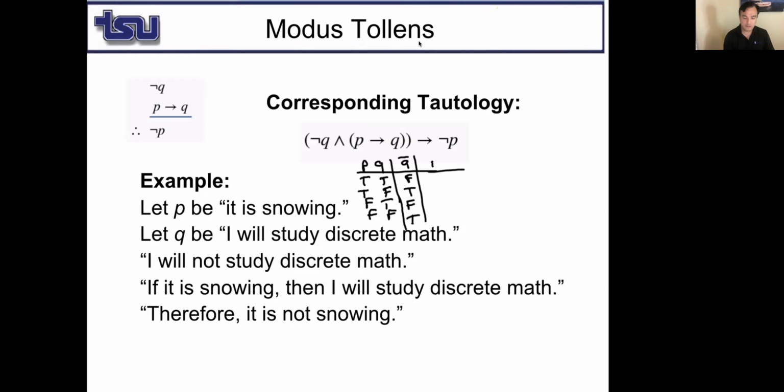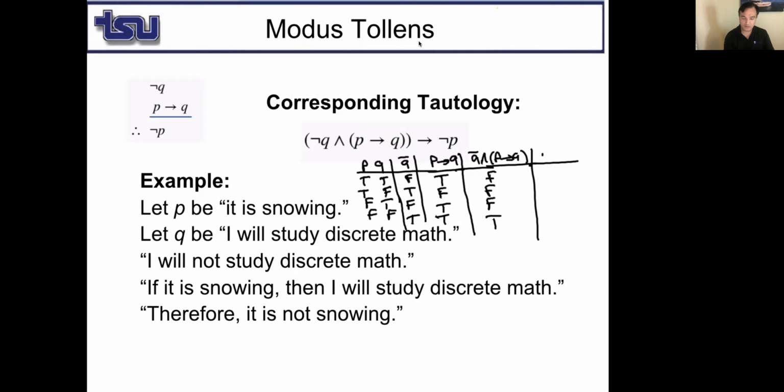And then P implies Q: true, false, true, true. Then not Q and P implies Q. That means this column and this column. And as you see, false and true is false, false, false, and this is true.